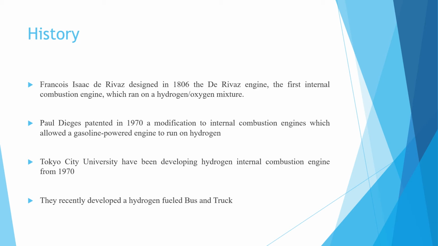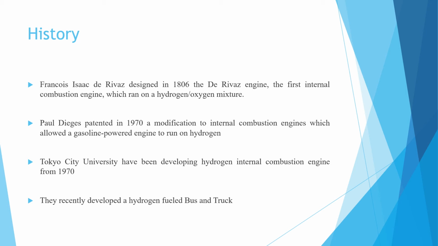In the year of 1970, Paul patented a modified IC engine which allows a gasoline powered engine to run on hydrogen. Tokyo City University has been developing hydrogen IC engines since 1970.